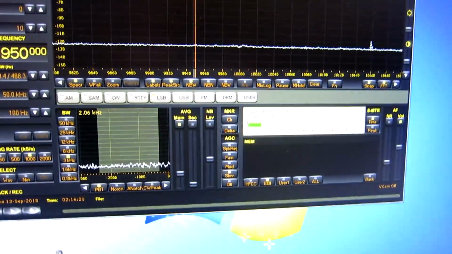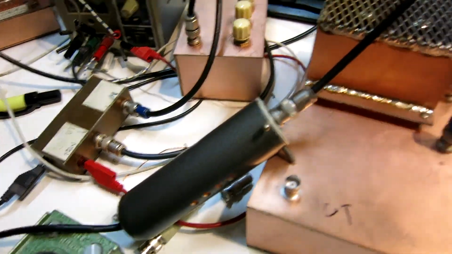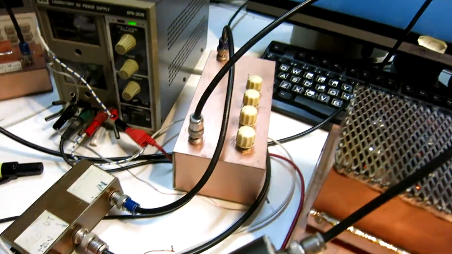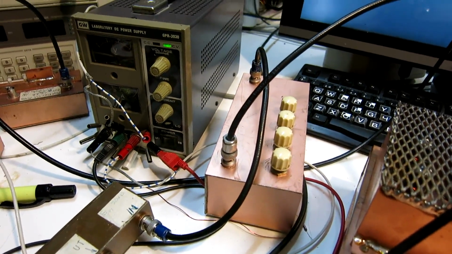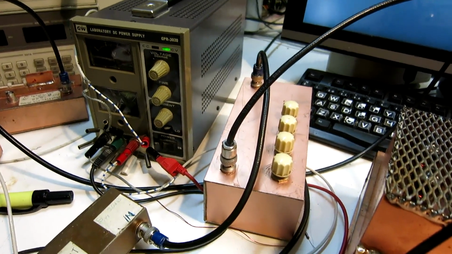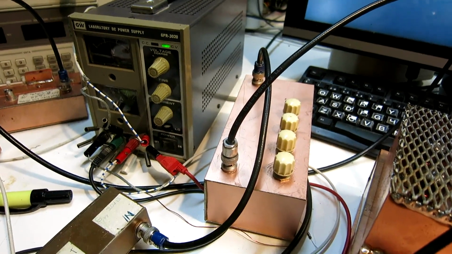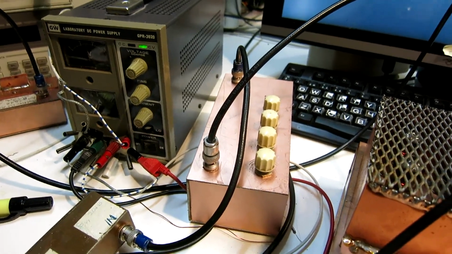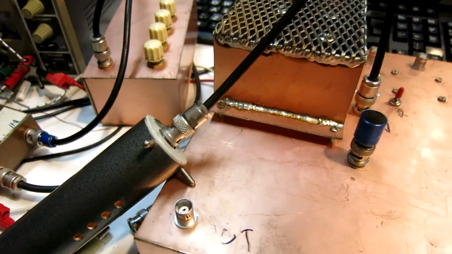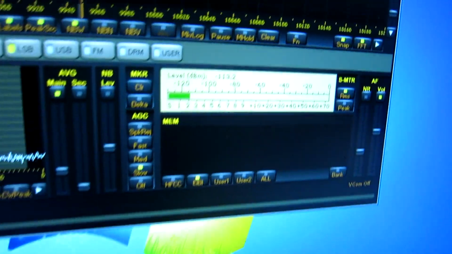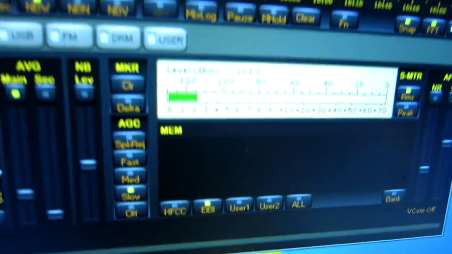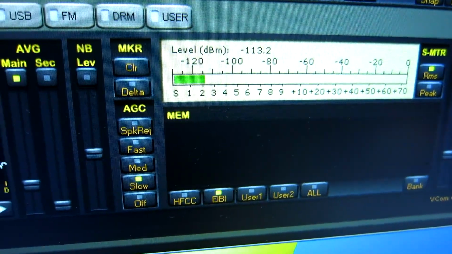So I switch on instead the noise source here. The noise source is connected directly into the notch filter. So I'm measuring the noise floor at the same point as where I was measuring the noise floor of the output of this vacuum tube amplifier. And the level is, can you see it?